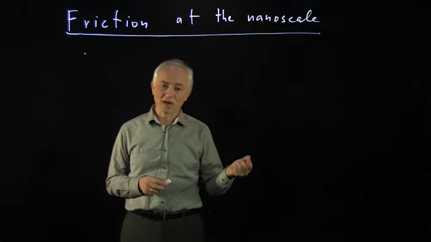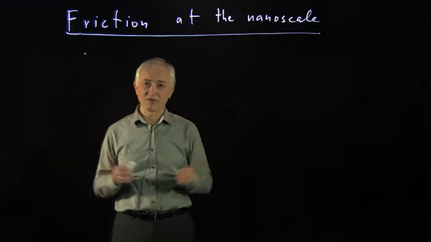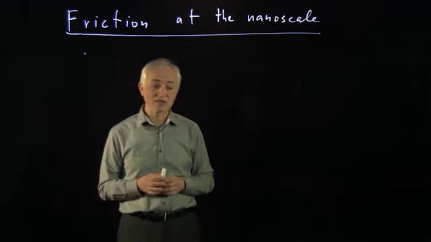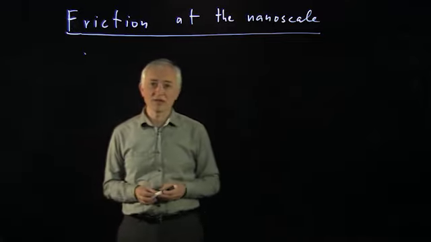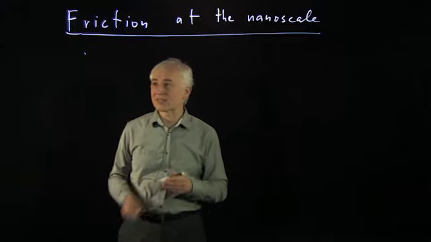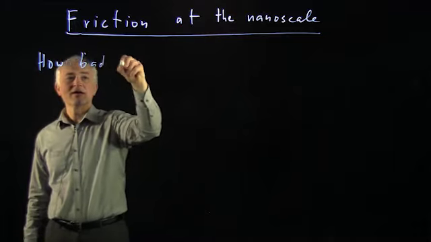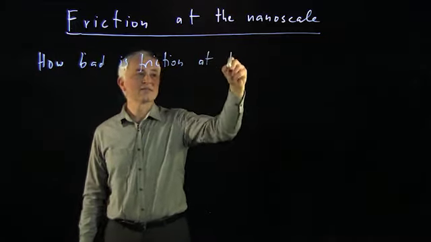People have built nano pumps, even a tiny car consisting of a relatively small number of molecules that can move on the surface if you inject it with electrons. So what I would like to tell you now is how bad friction is at the nanoscale. So let's ask the following question. How bad is friction at the nanoscale?